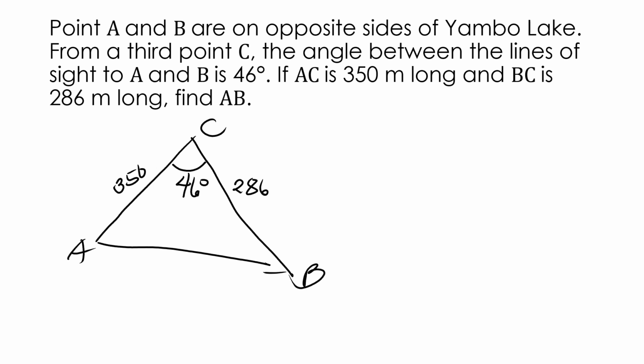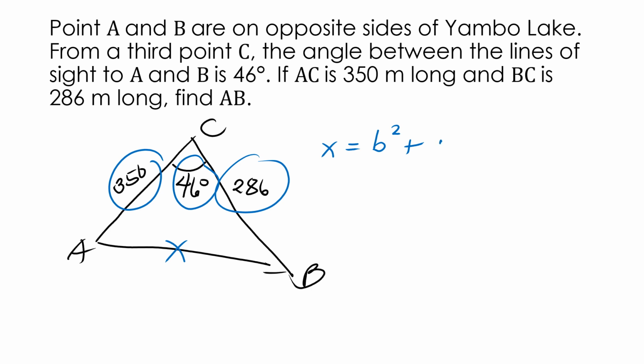So your unknown here is x. To find this, you need the law of cosines because you have two sides and one angle in between. So that is c squared equals a squared plus b squared minus 2ab cosine C. Let me change that to C. Just input all our given, and I'm sorry for this.